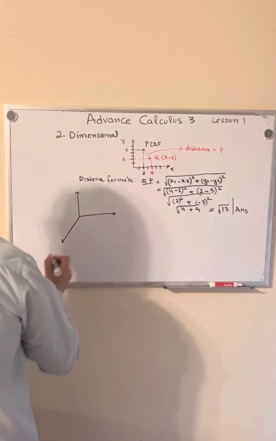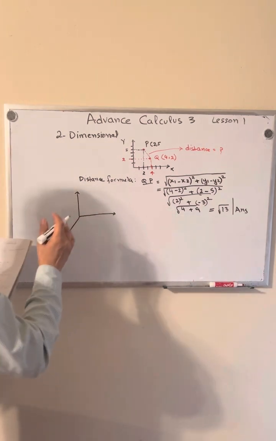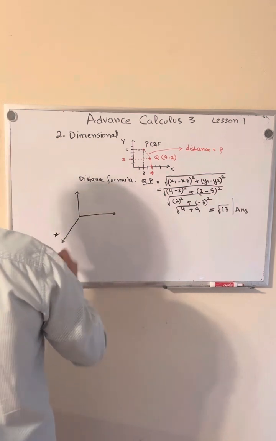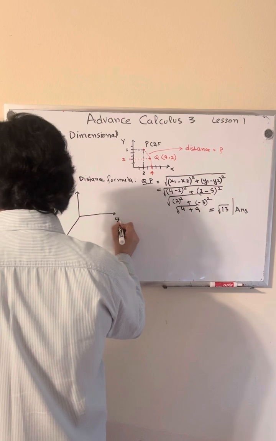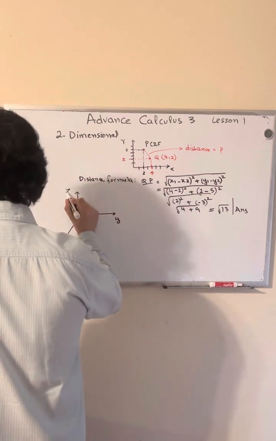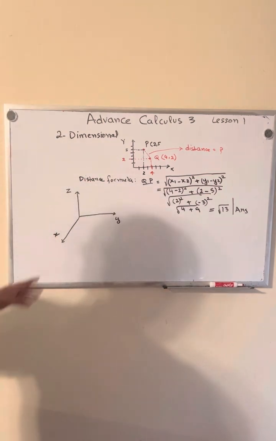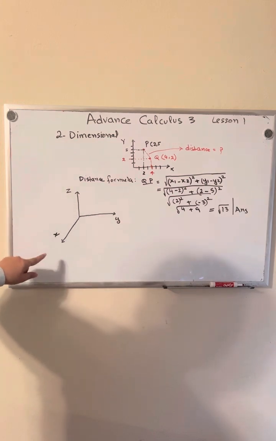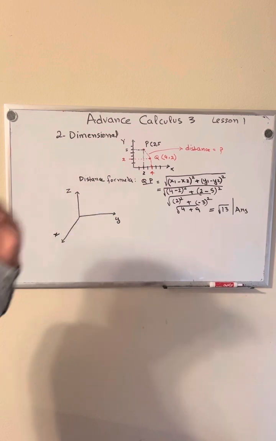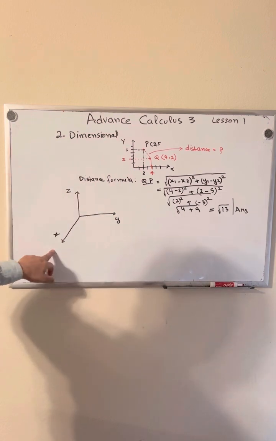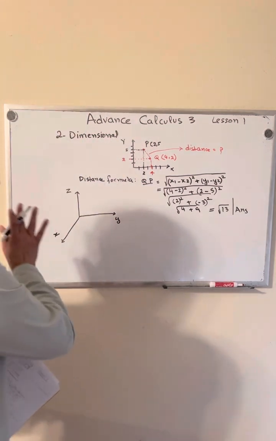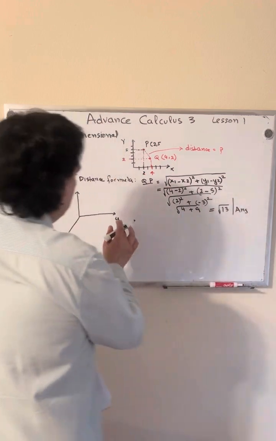So in 3 dimensions, always remember, this is X, this is Y, and this is Z. Do you think you guys can remember that? In the case of 3 dimensions, the one which is coming out of the board is always going to be X. And then the one going up is going to be Z, and the horizontal one on the board is going to be Y.